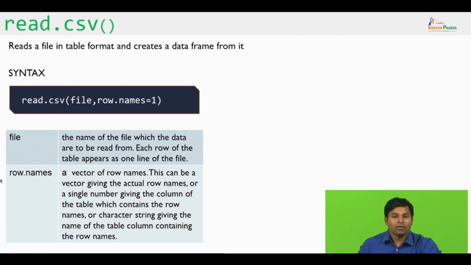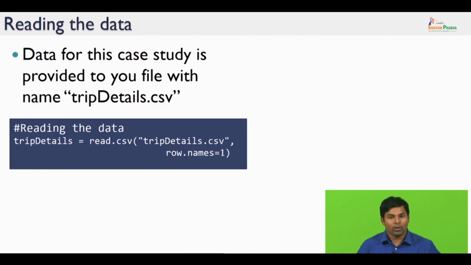So essentially the syntax is read.csv, the file name, and if you have a column which specifies the row names, you can give that particular column as row names. In this case we have the first column as the row indices, that is the reason why we have given this row.names as 1. Let us see how to read the data from this tripdetails.csv.